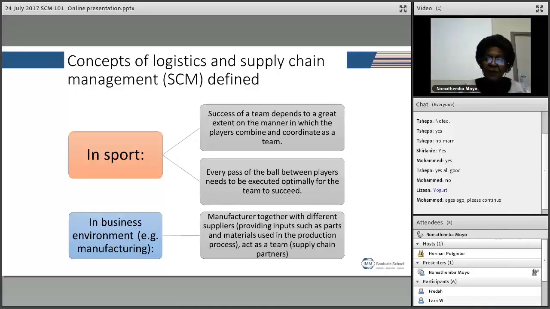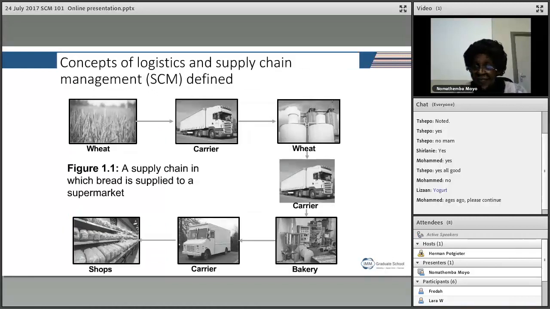So in the business environment, a manufacturer, together with different suppliers providing inputs such as parts and materials used in production, act as a team. They become what is called supply chain partners.